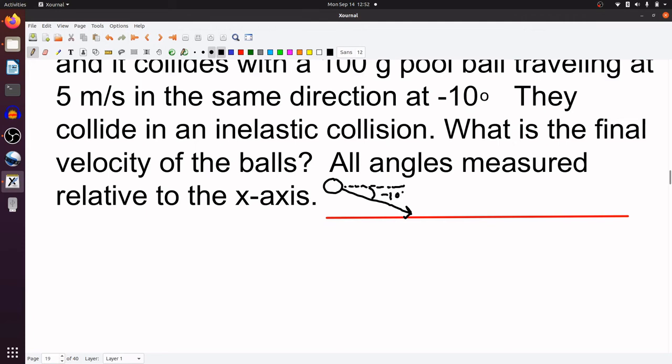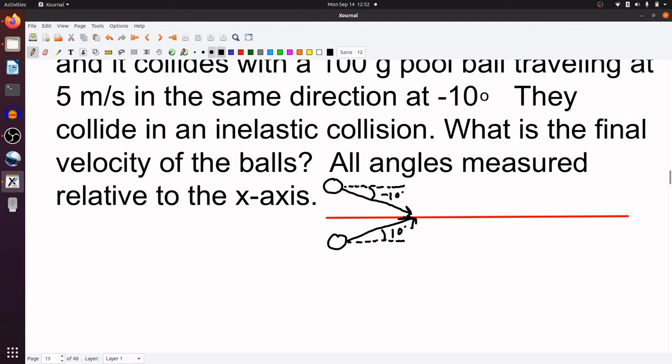That's what it means. Now, it's colliding with a pool ball that is at a positive 10. So let me draw a ball right around here. There. I did need both of them, but I drew it backwards initially.